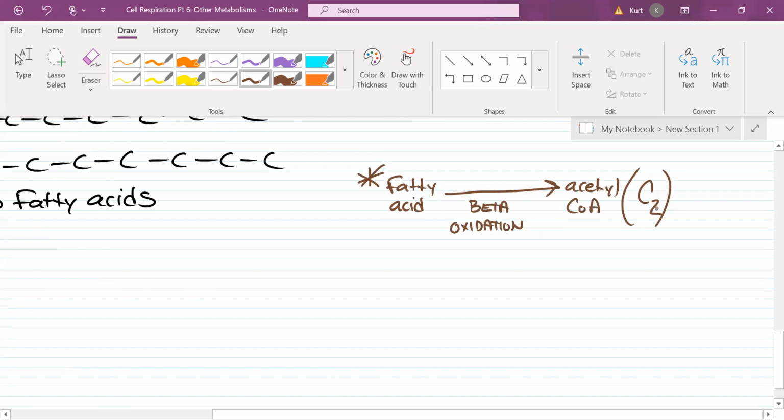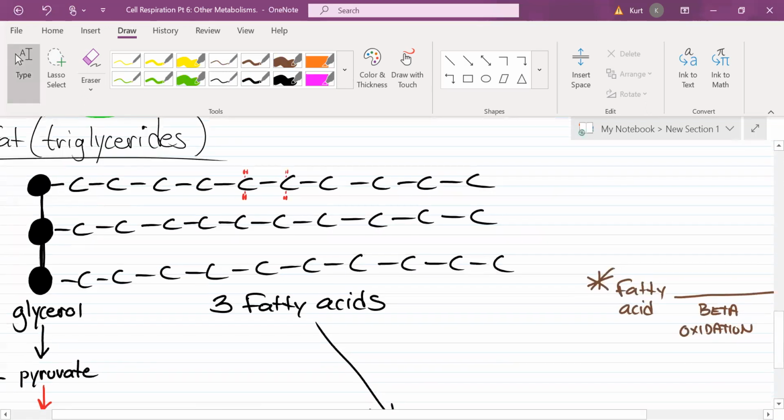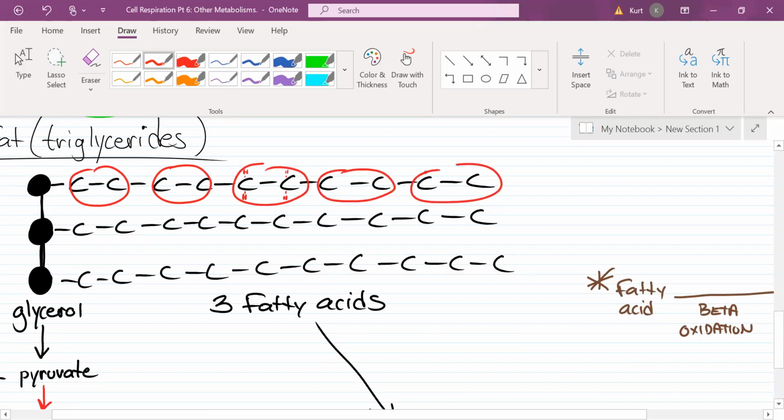Okay, now that we have that known, check this out. Look at all that carbon. Oh boy. You can make a whole bunch of acetyls from there. You ready? 1, 2, 3, 4, 5. Tell me again, how many carbons are in an acetyl? How many carbons at a time am I circling?